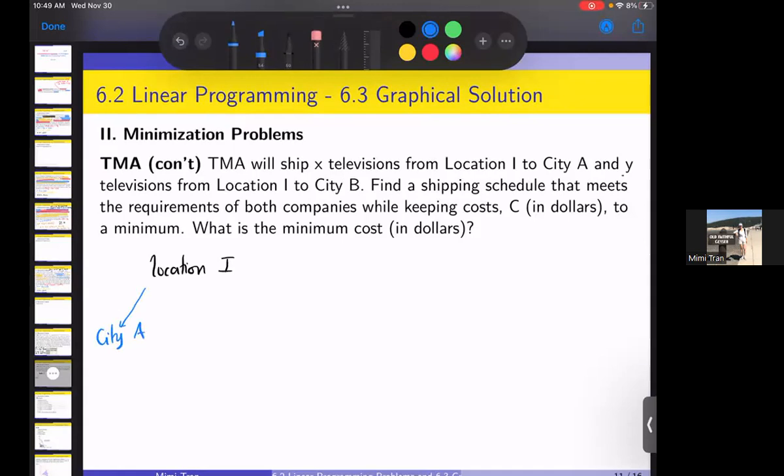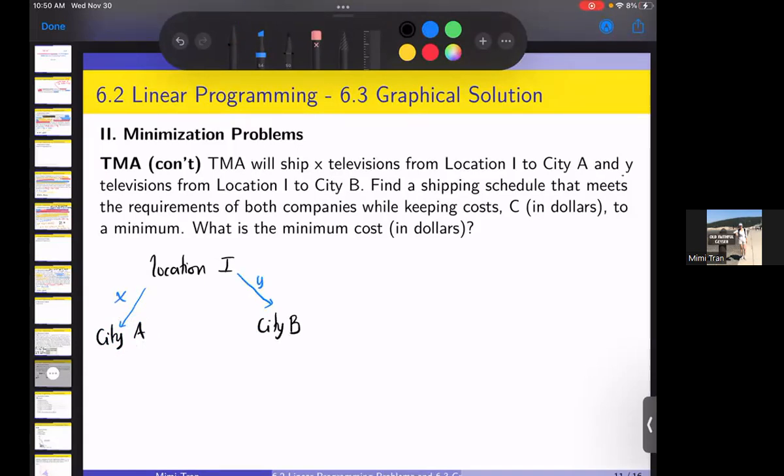That is X, it's not times, that's X. And then they're also going to ship Y number of TVs to CDB. So far so good.